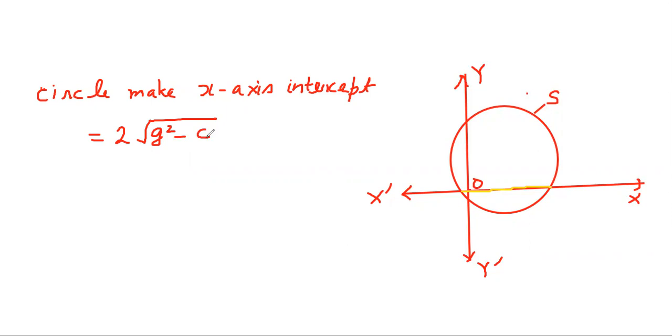Similarly, you can see this circle is also making a y-axis intercept. I will make it here with another color, green.